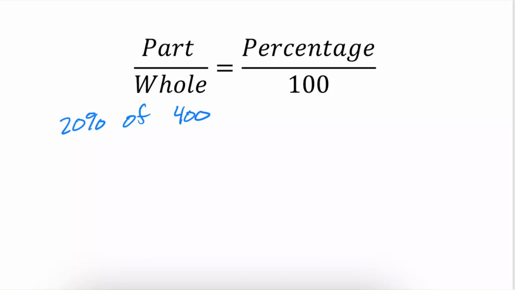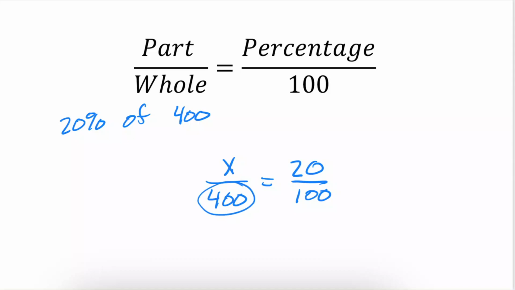You would say, okay, 20% is the fraction 20 out of 100, and I'm trying to find what part of 400 is equal to 20 out of 100. Essentially, I'm finding the part that corresponds to the 20 if the whole is 400. To solve this, I know that 100 times 4 equals 400, so I could just do 20 times 4 to find out what x is, which would be 80. 20% of 400 would be 80.